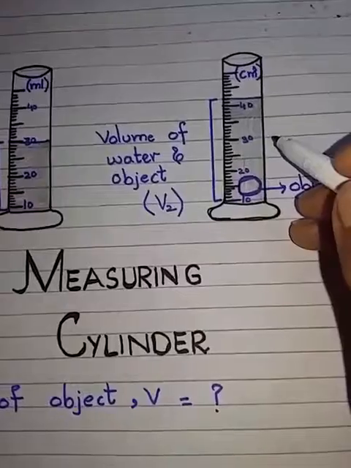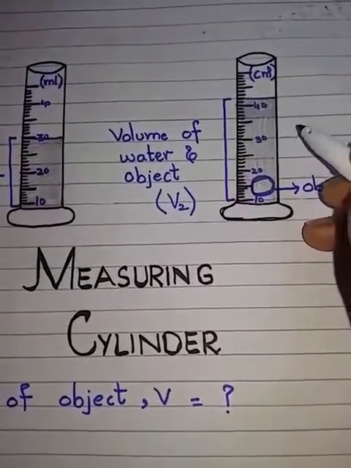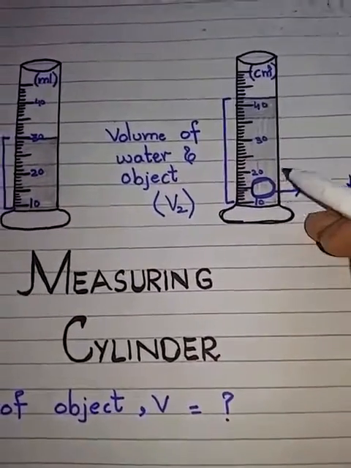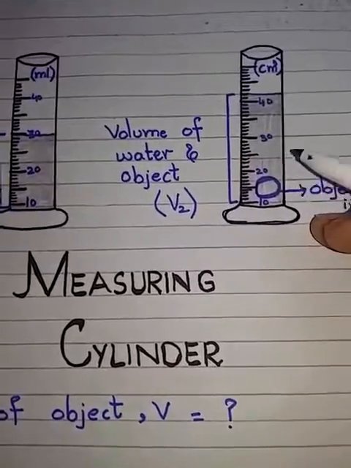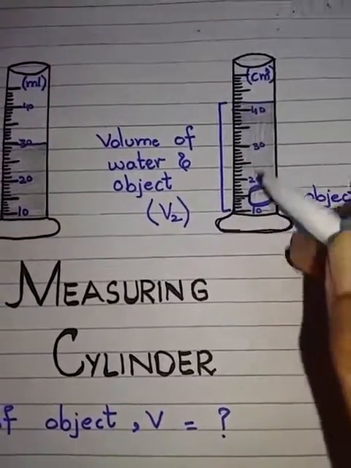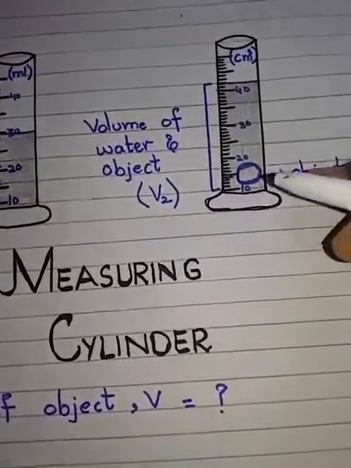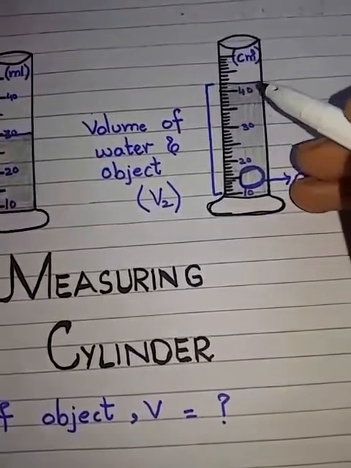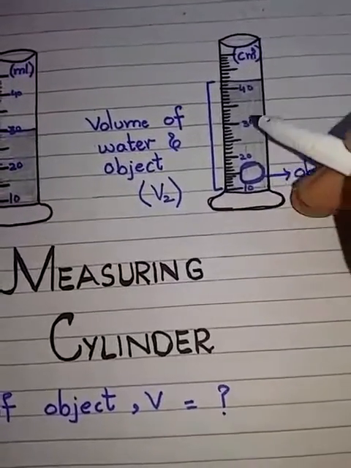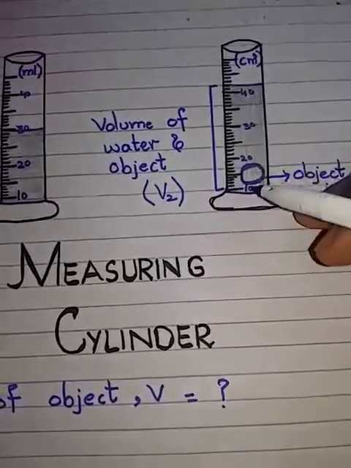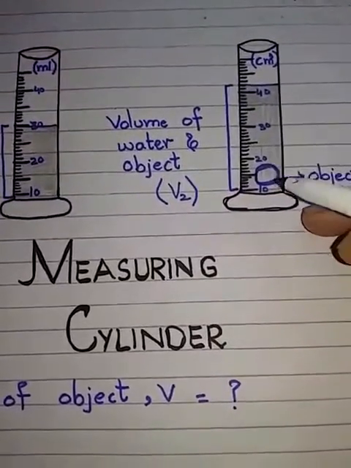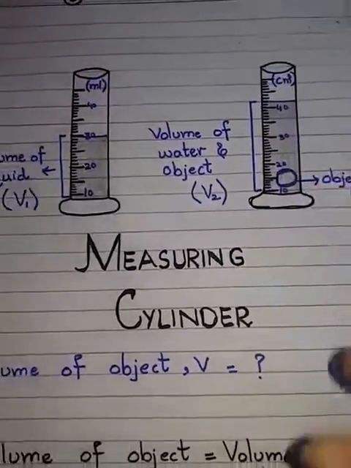When the object is completely immersed, the volume of water is read again. As you can see, the level of liquid inside the container increases. This indicates the combined volume of water and object.